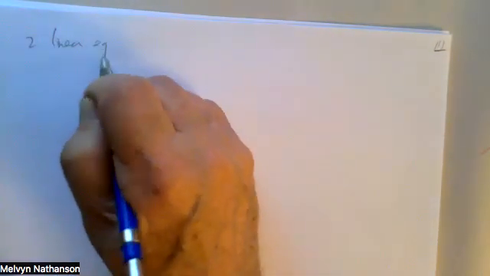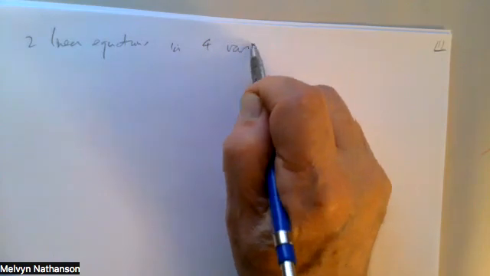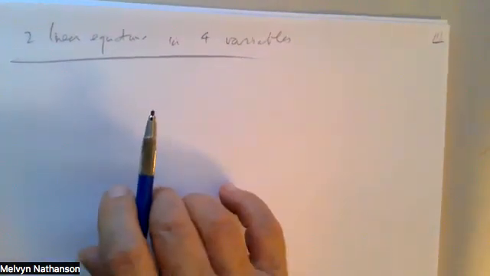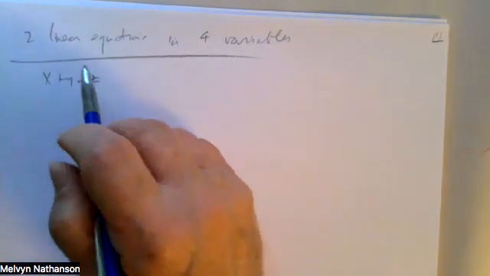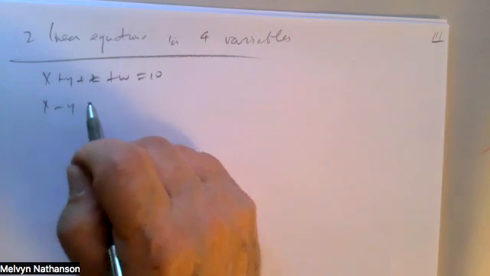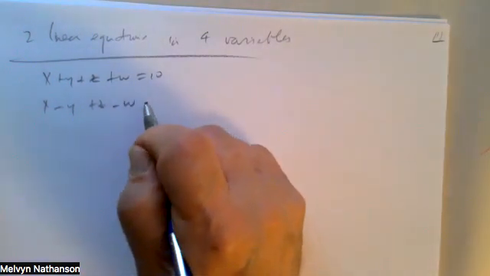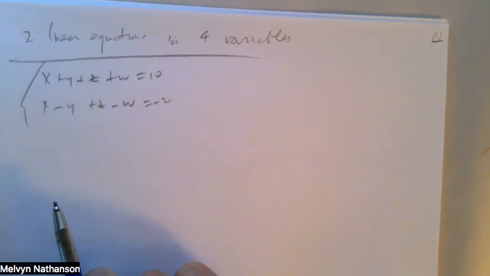In this case, we have two linear equations and four variables. You want to find all solutions. So x plus y plus z plus w equals 10. X minus y plus z minus w equals minus 2. Find all solutions.